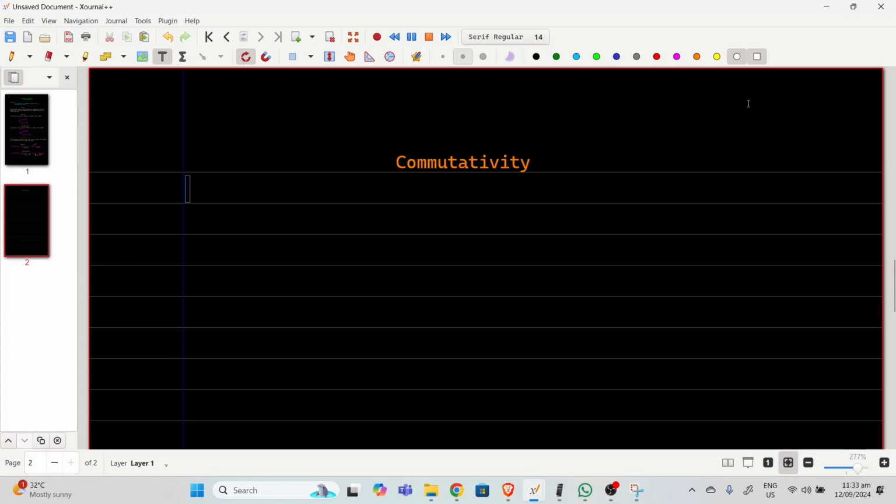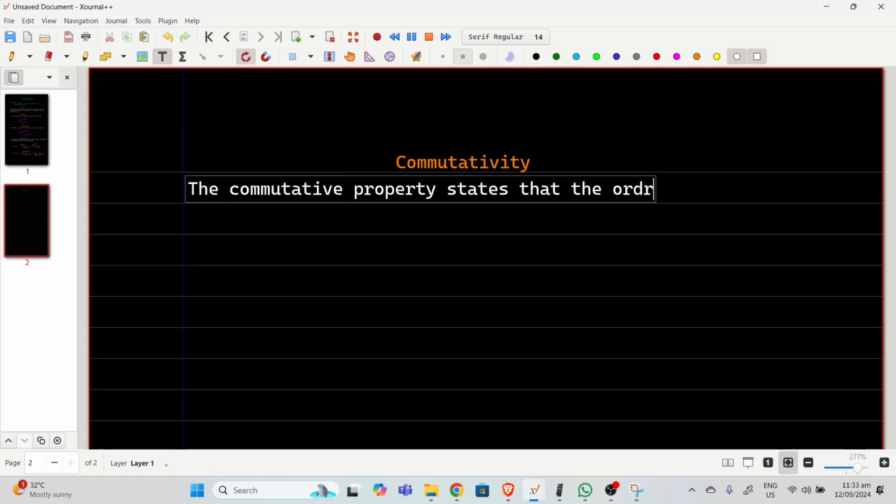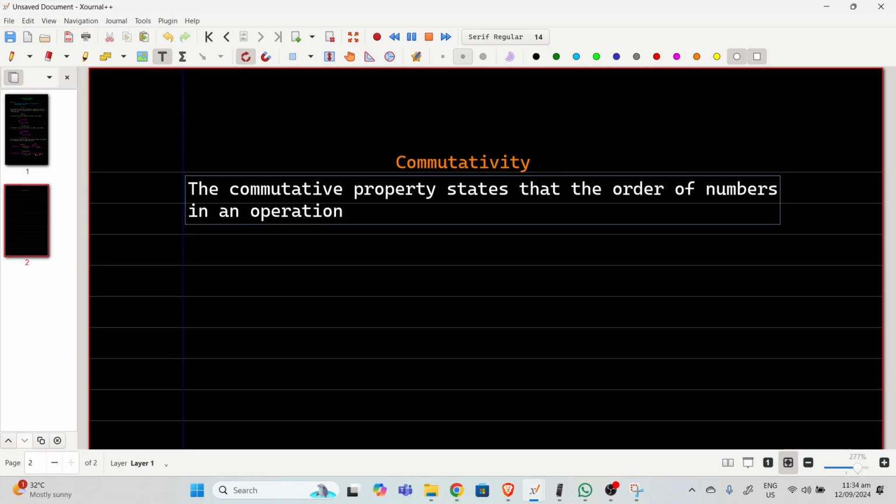The commutative property states that the order of numbers in an operation does not change the result, right? So when I say commutative, I usually say the move-in property, right?